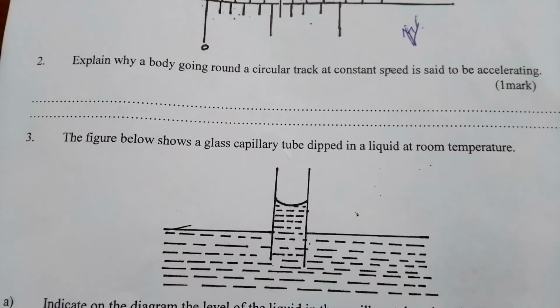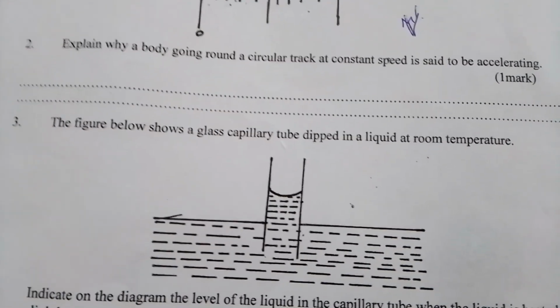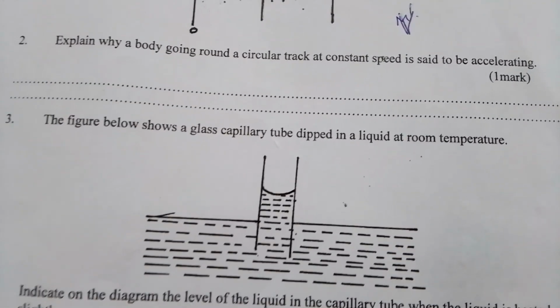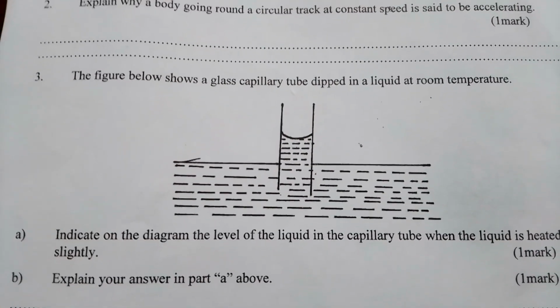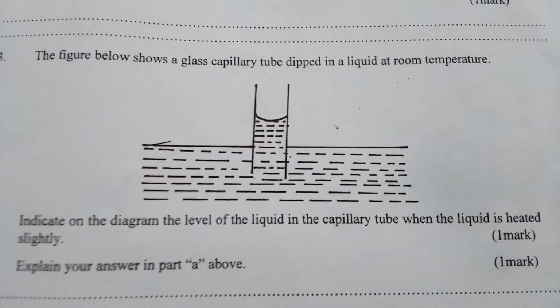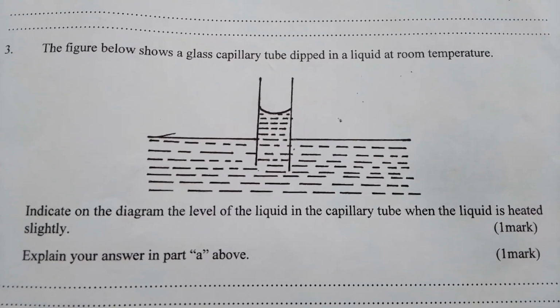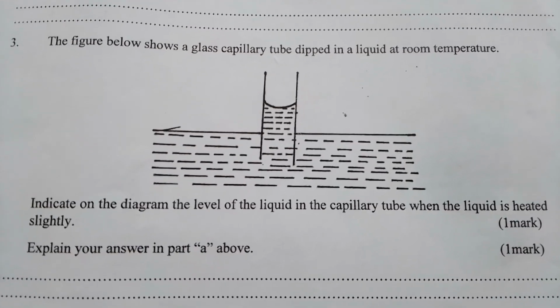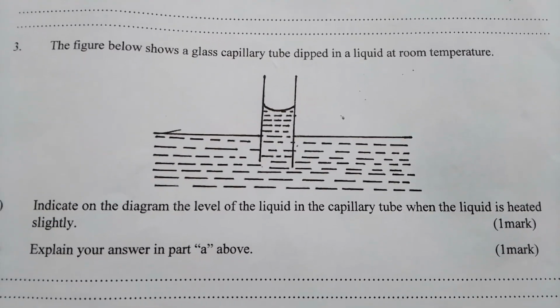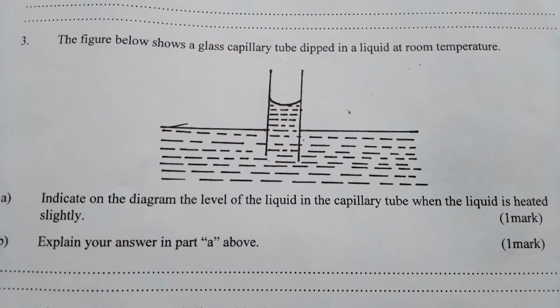The figure below shows a glass capillary tube dipped in a liquid at room temperature. As you can see, the drawings there. 3A, indicate on the diagram the level of the liquid in the capillary tube when the liquid is heated slightly. 1 mark. Then explain your answer in part 1 above.